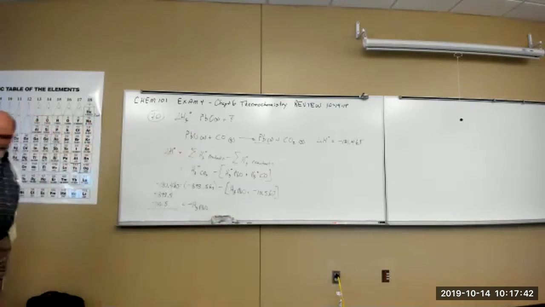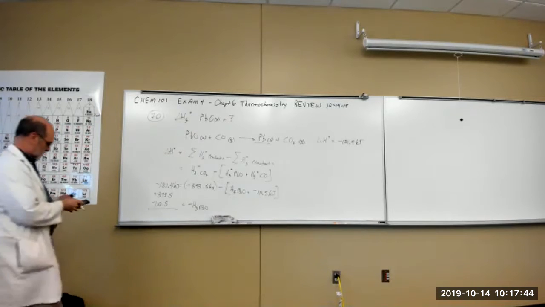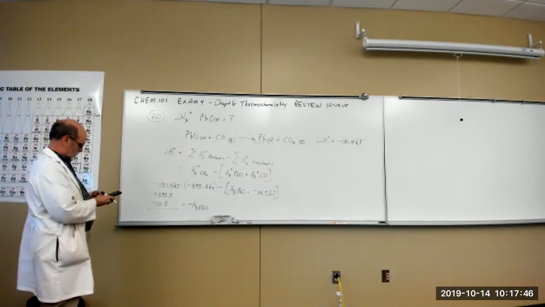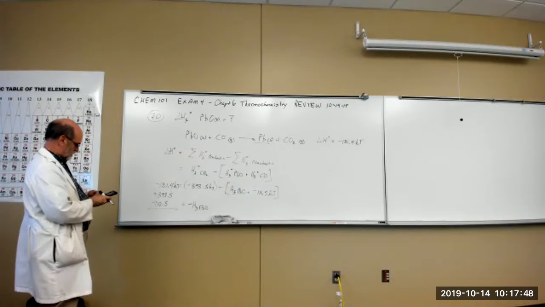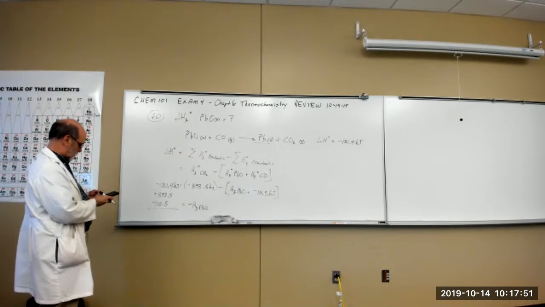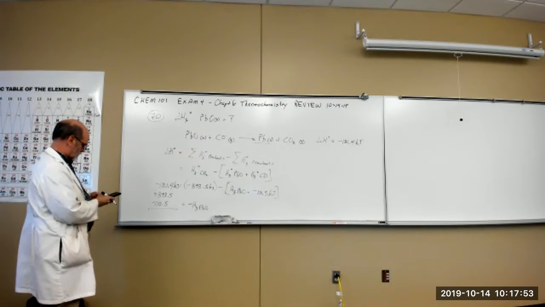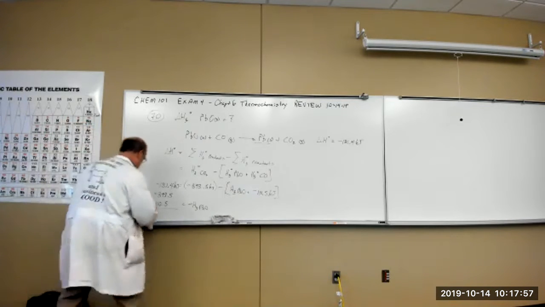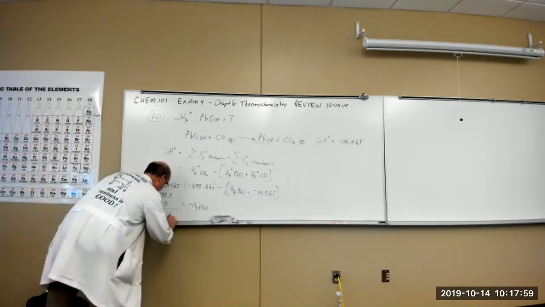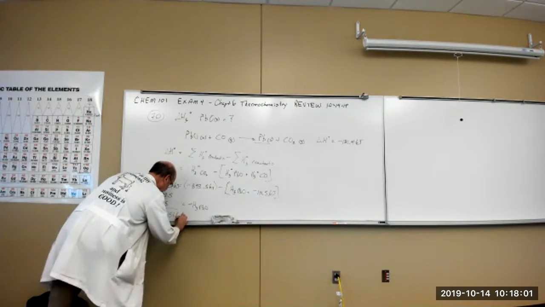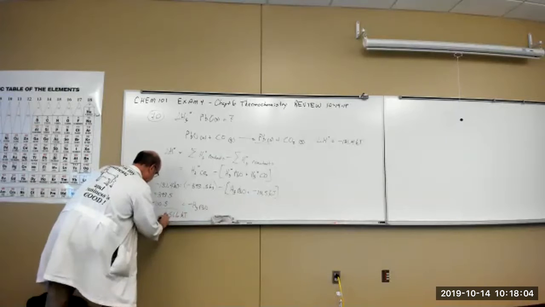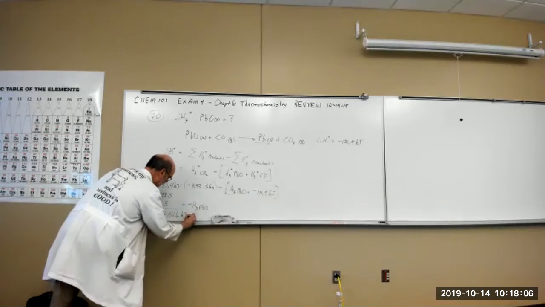So now let's see what the left-hand term is. 131.4. So I get 151.6 kilojoules. That's a positive, but this is a negative.